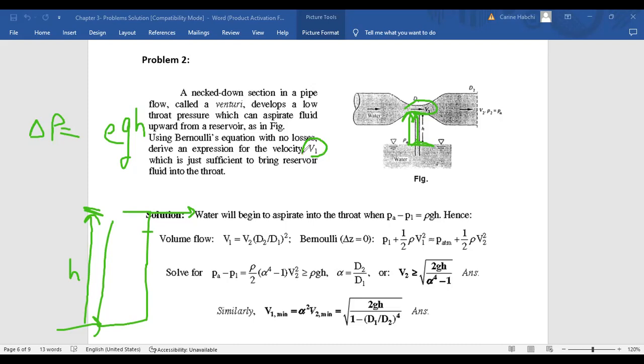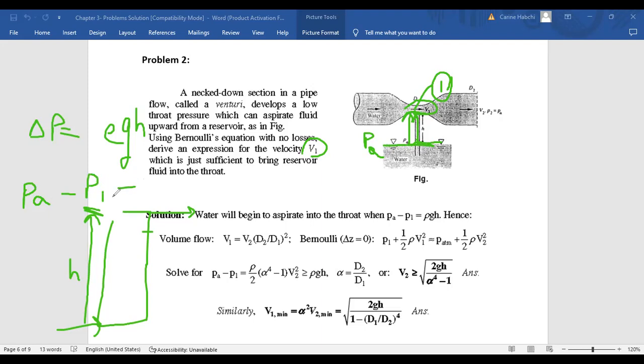So first we'll say here we have P atmospheric, and this is 0.1. So we have P atmospheric minus P1 is equal to rho gh.